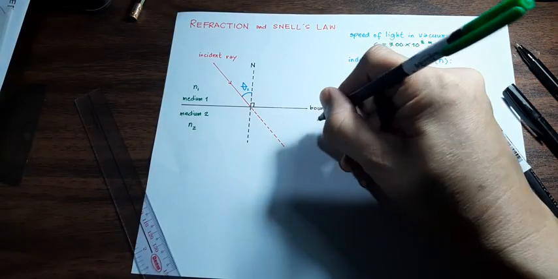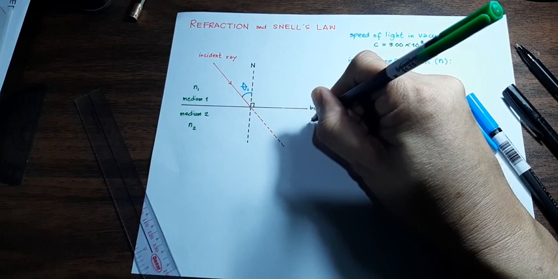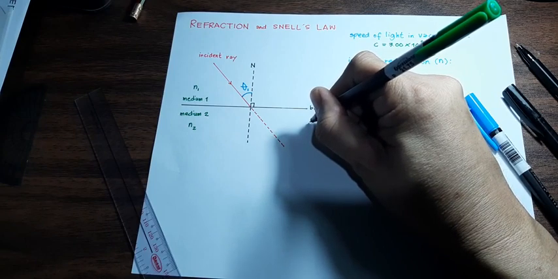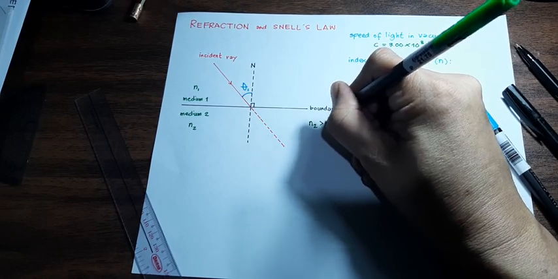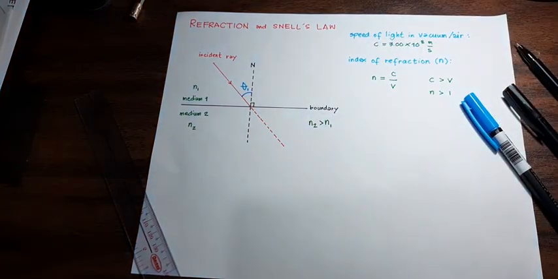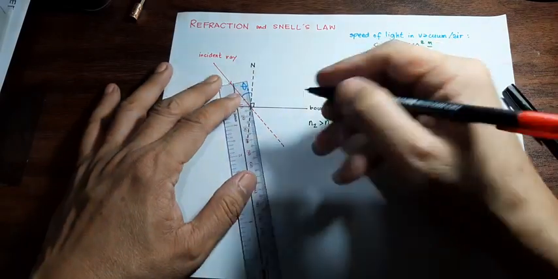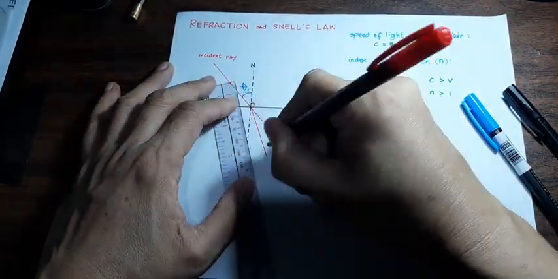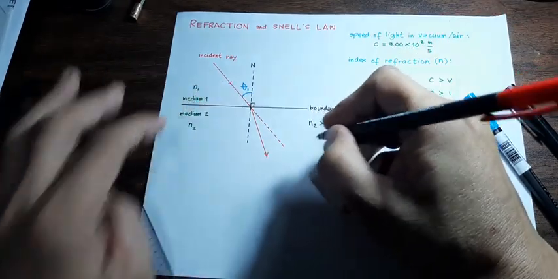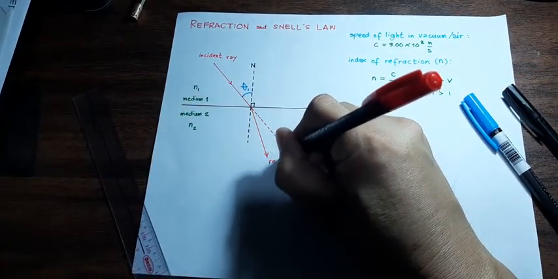Now let us say that in this case, N2 is greater than N1. So the light ray is refracted like this. So this is the refracted ray.